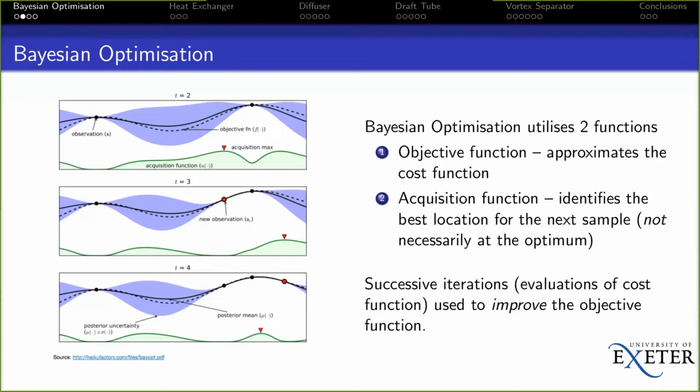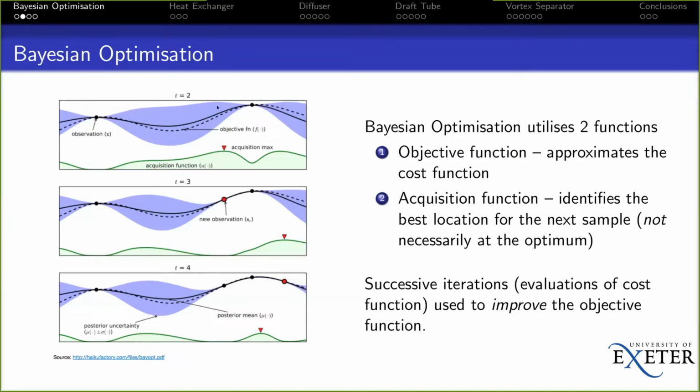And the interpolation between those points uses this Gaussian process, which gives us a guess at how the function behaves, but also a range at these points representing the range of probable solutions here. And that's a Gaussian distribution around this objective function.